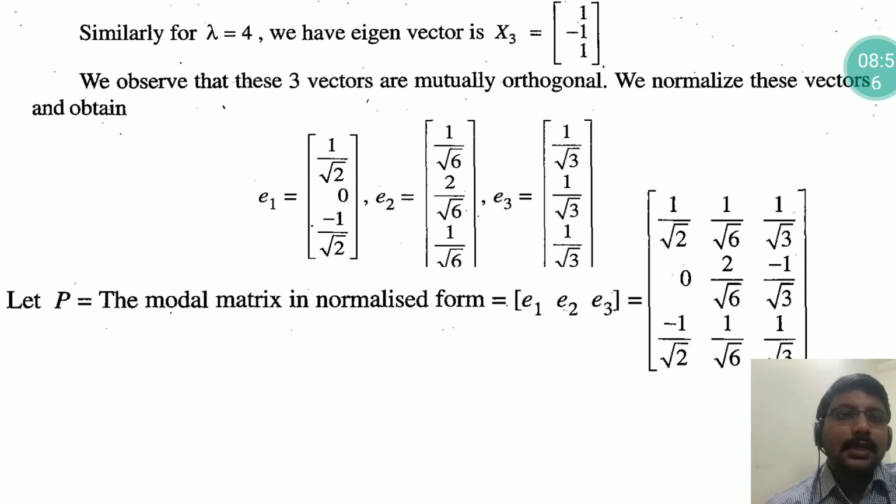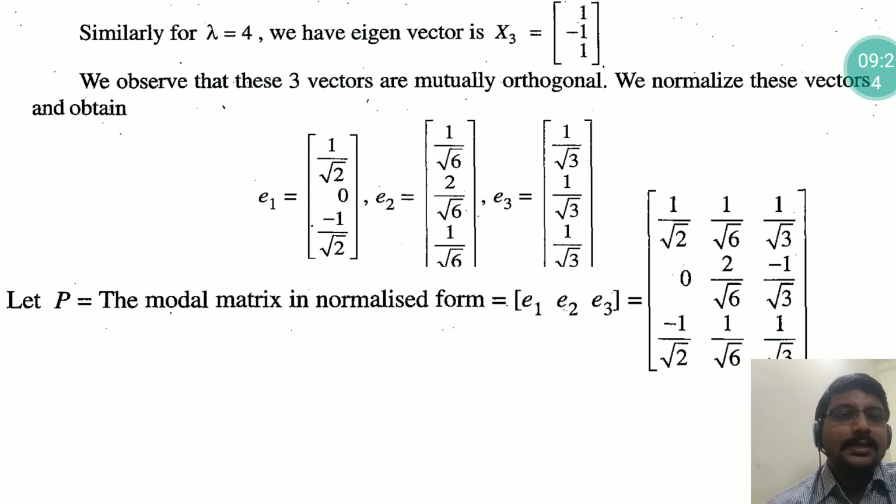Normalized means each and every element is divided by the norm of the vector. Norm means, suppose x is x1, x2, x3, whose norm is given by the square root of x1 square plus x2 square plus x3 square. Each and every element of the eigenvector is divided by its norm.